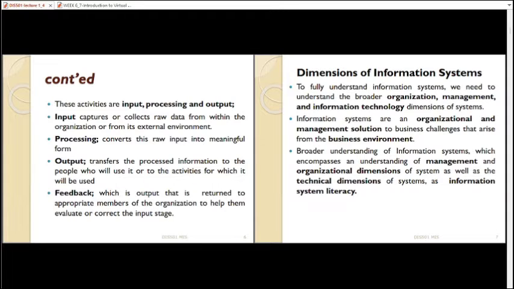Now, the dimensions of information systems need to be looked at from the perspective of organization, management, and information technology. So those are three dimensions that we cannot remove from that aspect of information system. There must be the organization itself, and that's where we find the employees.